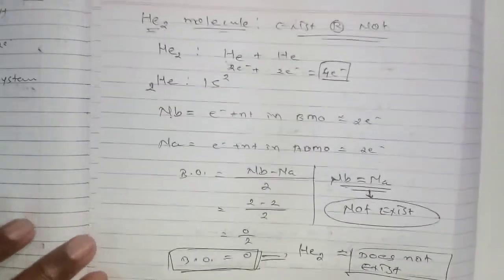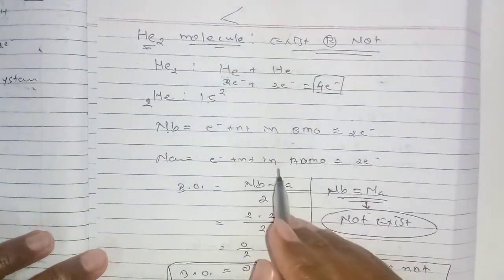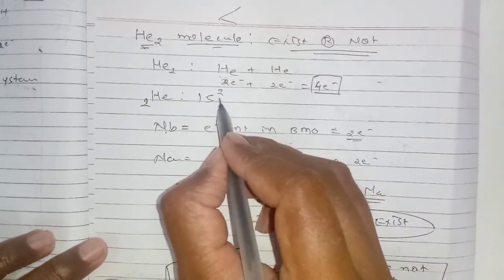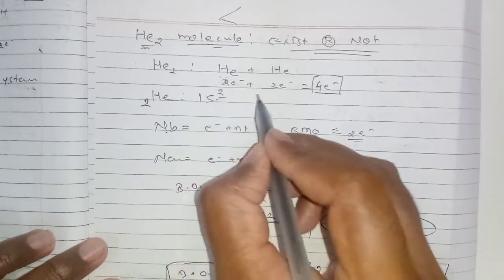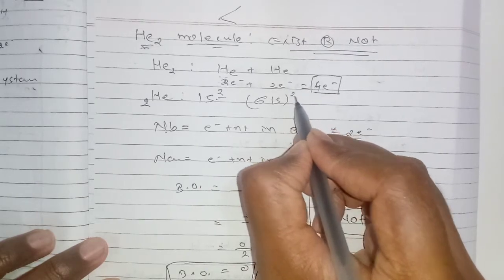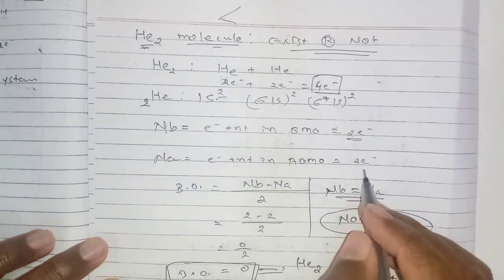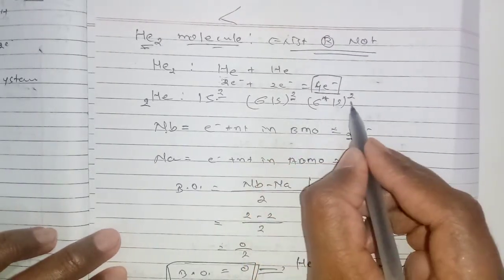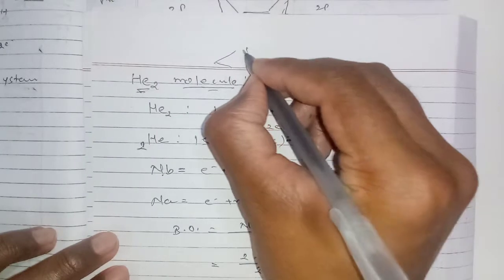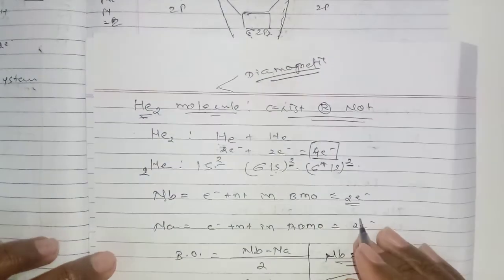Suppose the He2 molecule, is it diamagnetic or paramagnetic? Here two electrons are present in 1s, one in sigma and one in sigma antibonding 1s orbital. There are paired electrons in the molecular orbitals, so it is also diamagnetic in nature.